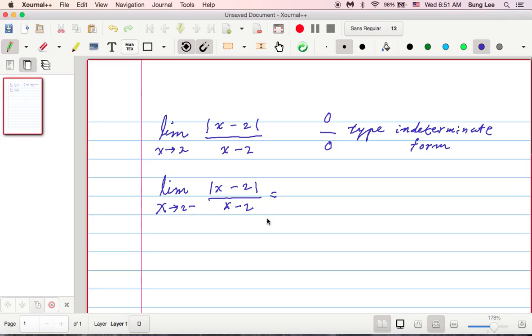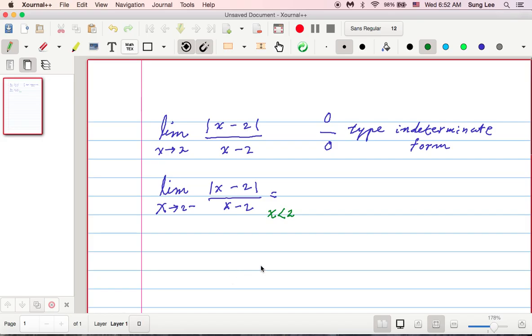So here, let me put a note, to myself and to yourself as well. x is less than 2. When x is less than 2, what happens? x minus 2 is less than 0.